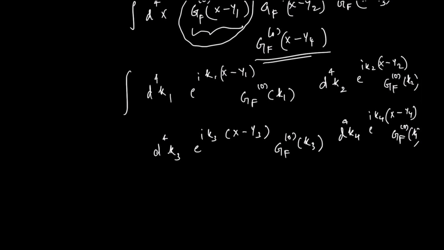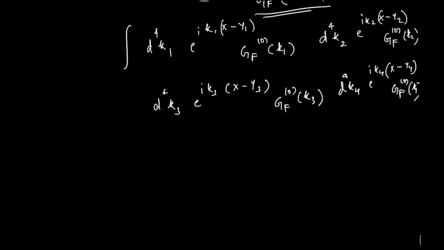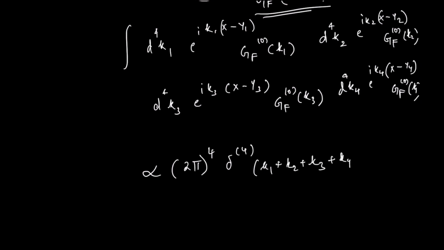And we know that this is proportional to (2π)⁴ times the four-dimensional Dirac delta δ(k1 + k2 + k3 + k4). So momentum is conserved at each vertex, right?